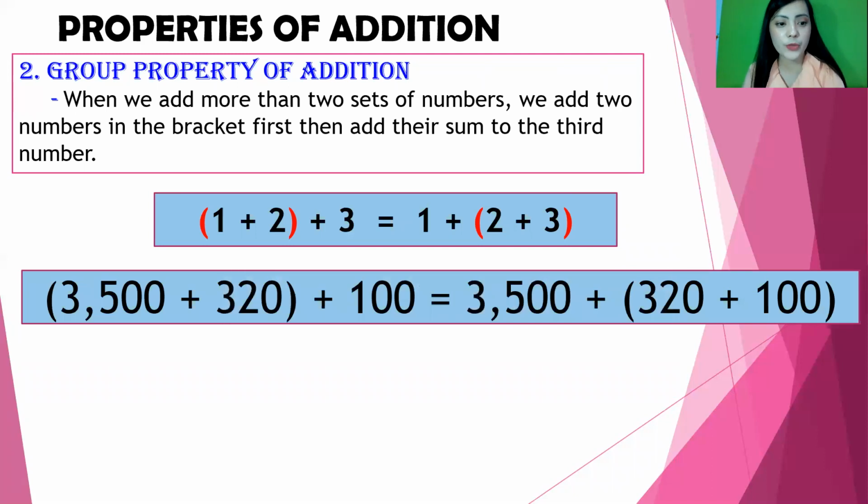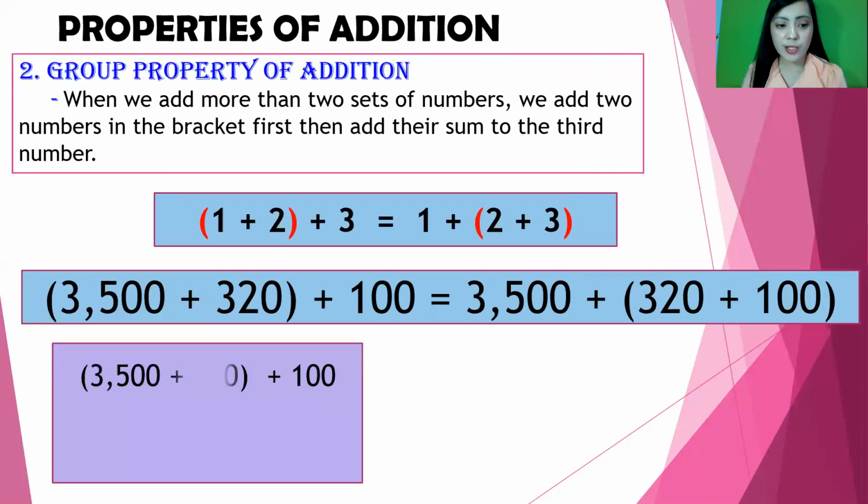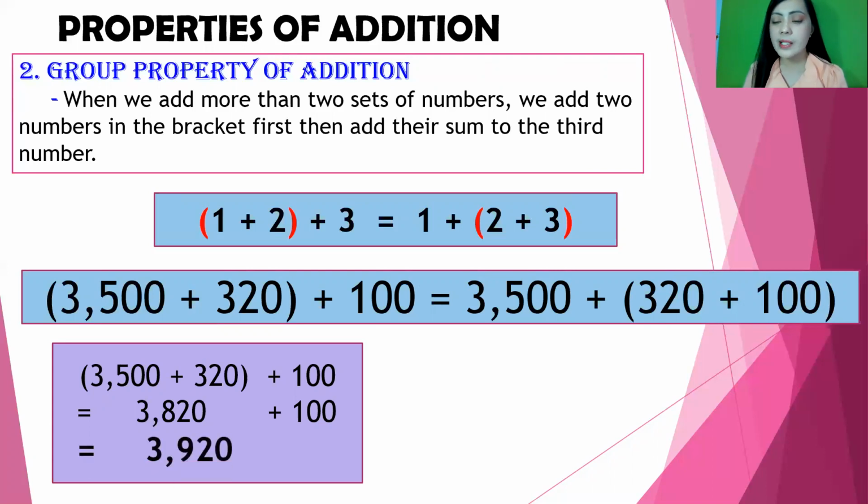So for example, 3,500 plus 320 plus 100 equal to 3,500 plus 320 plus 100. The brackets are not the same, but you will get the same answer. So for example, 3,500 plus 320 is 3,820 plus 100 is equal to 3,920.